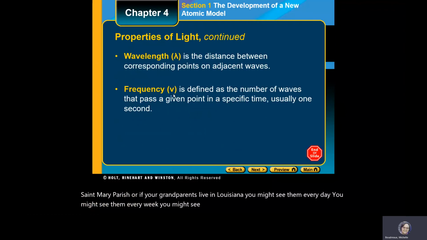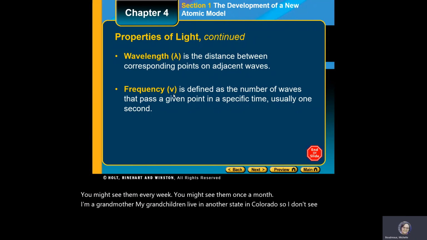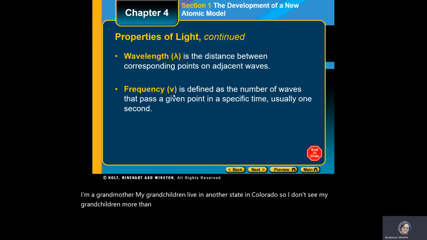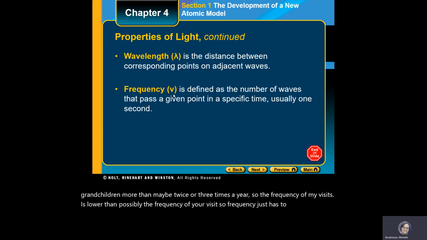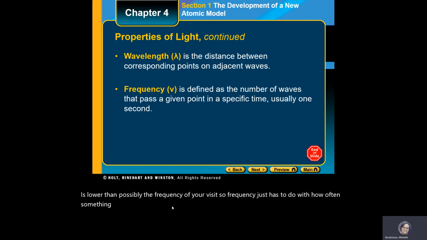My grandchildren live in another state, in Colorado. So I don't see my grandchildren more than maybe twice or 3 times a year. So the frequency of my visits is lower than possibly the frequency of your visits. So frequency just has to do with how often something happens over and over again.